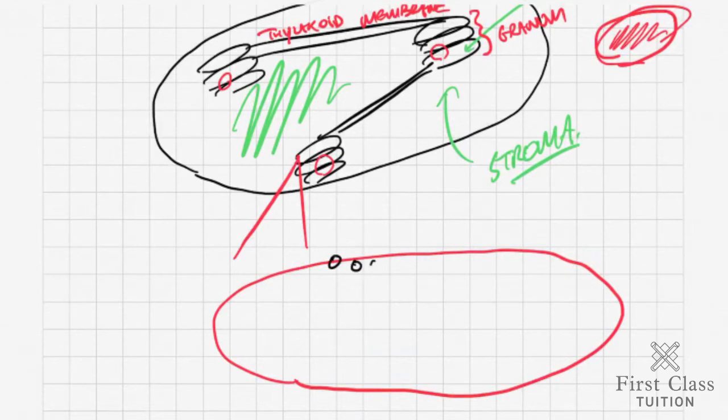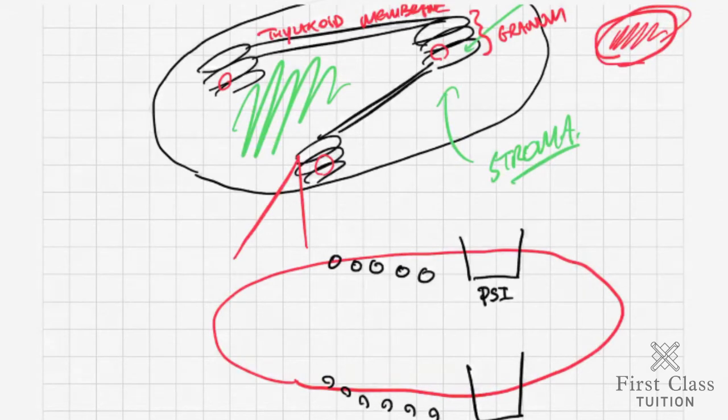Along the membrane, we've got transport proteins, and we also have structures called photosystems. So there are two photosystems, as we'll learn about as we look at the next reaction in a second: photosystem 1 and photosystem 2. Now this is partly to do with when these were discovered, but it's also to do with the wavelength of light that it deals with.